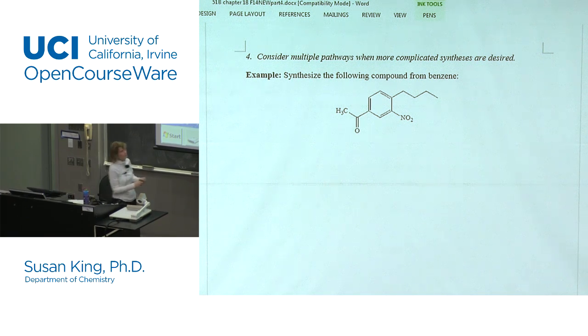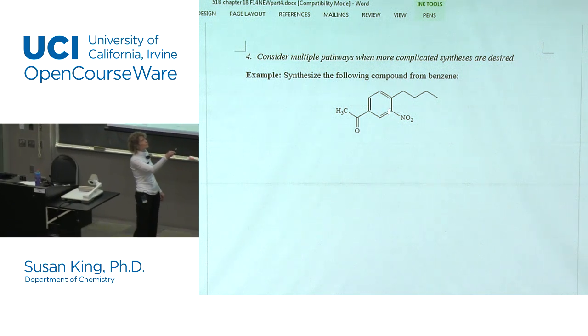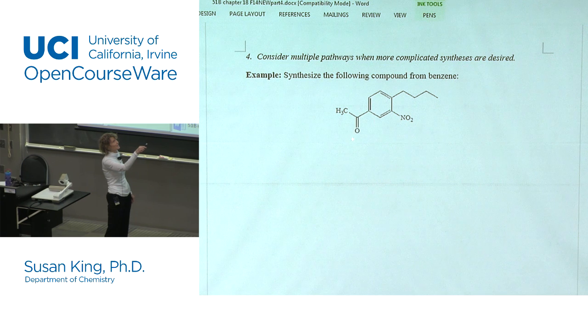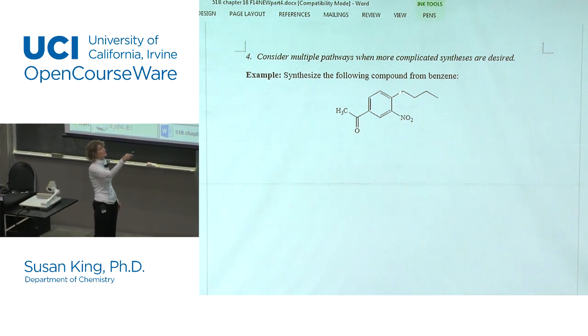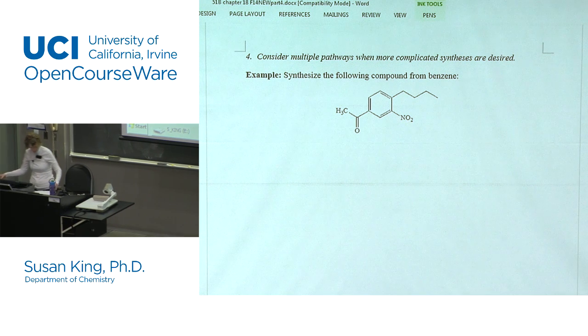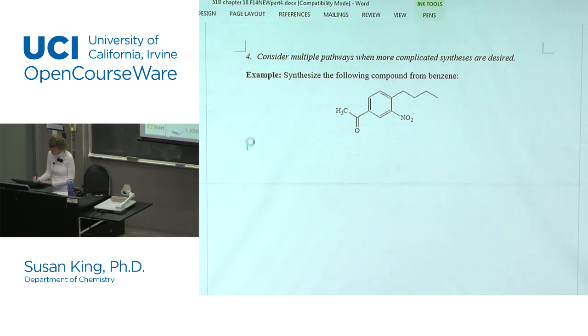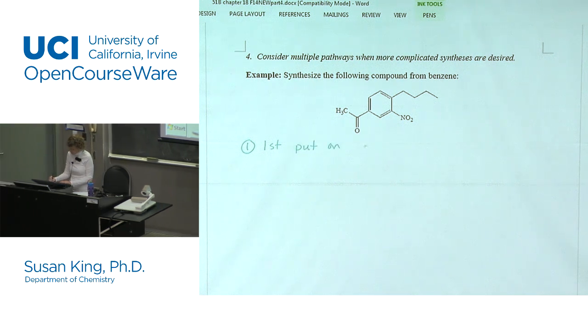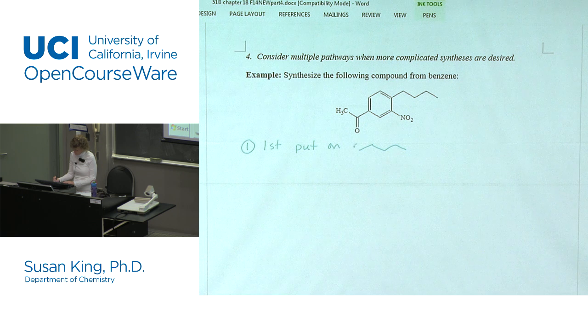And if you put that on first, this is in the ortho position, this is in the para position, this is an ortho-para director. So that's a great plan for us. That's the plan here, and then we'll talk about the rest. First, put on this group here. It is an ortho-para director.